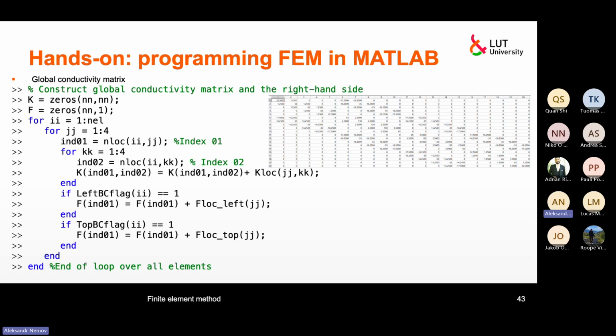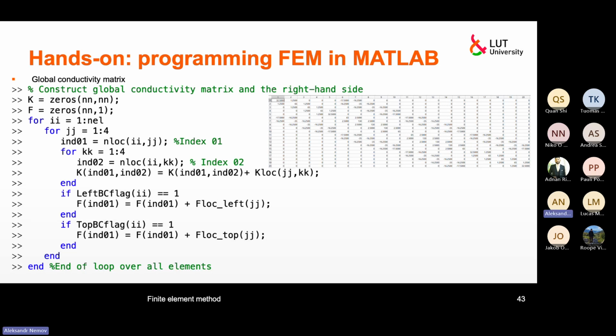And that is defined by both the number of our element and the number of the node at which we are looking, right? And I use this nlog matrix, which provides me numbers of nodes for each element.